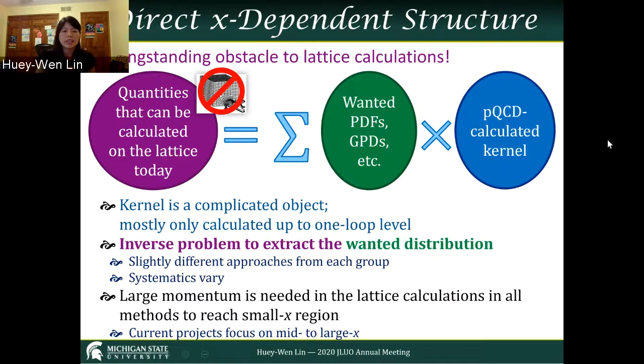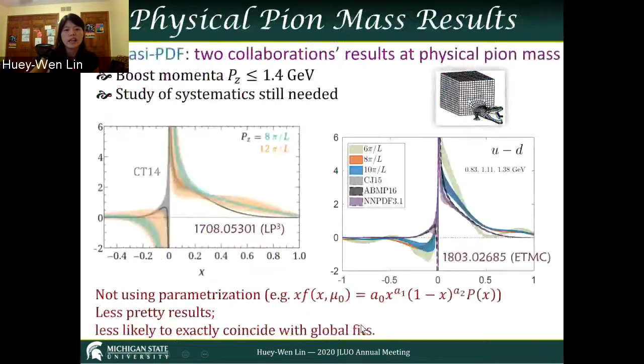A lot of these different methods still require large N to be able to reach either large enough PZ or large enough ZPZ, so that you can actually get to the smaller X region. So most of the calculations today are focusing on getting the mid to large X region correctly. The quasi-PDF has been applied to the nucleon PDF for a long time.